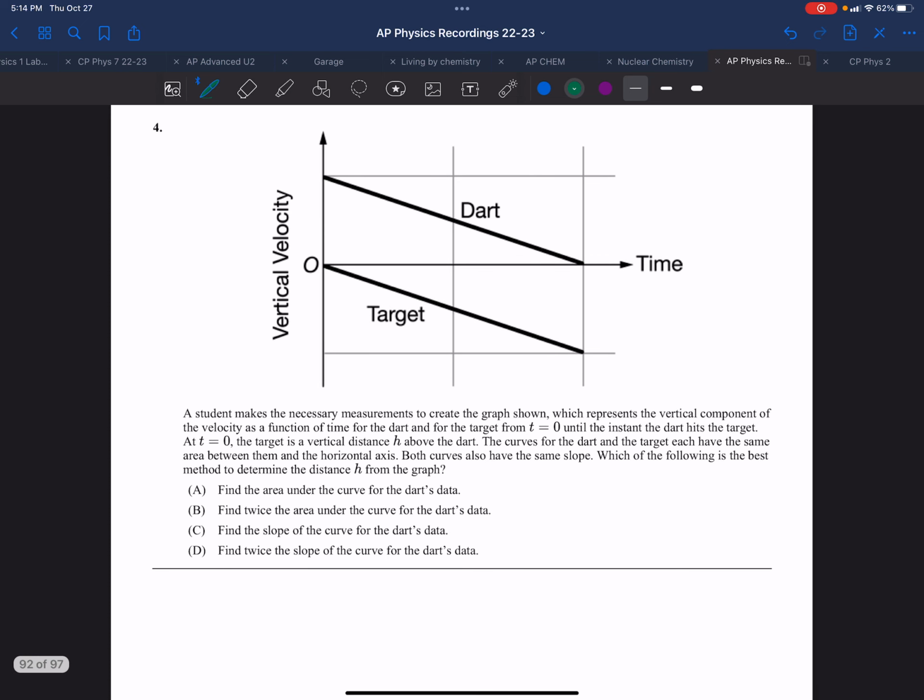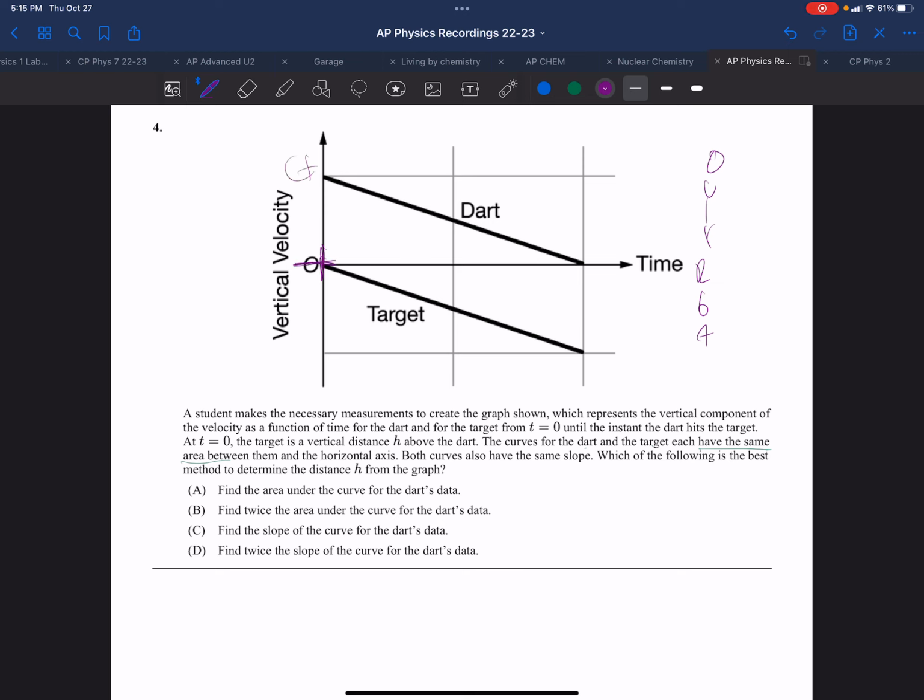All right, so both curves have the same slope, the same area between them and the, well, let's first analyze the graph. Again, we don't get confused by the question. There's our origin there.